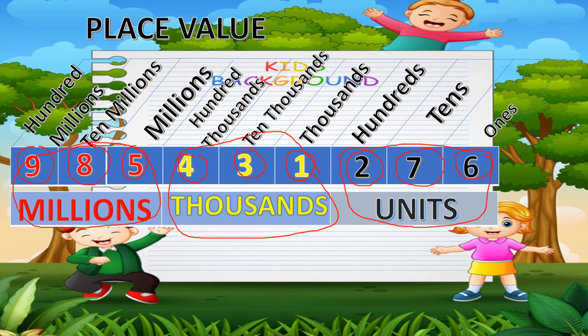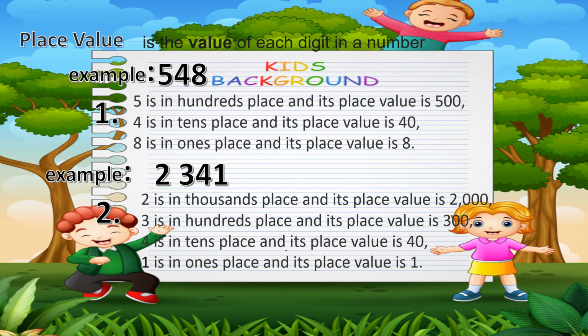Okay? To know the value or worth of each digit in a number, we have an example here. We have 5, 4, 8. Remember that the 5 here is in the hundreds place and its place value is 500.